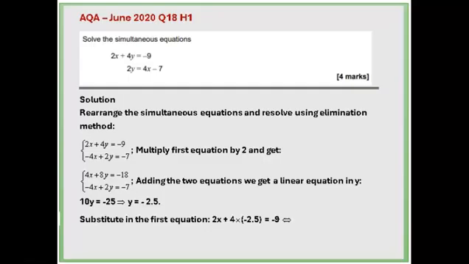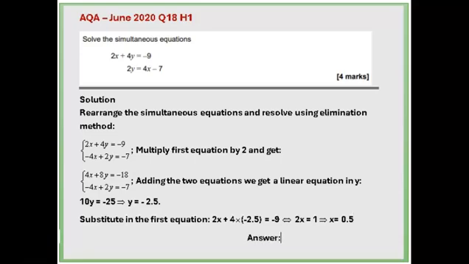And then you do the calculation there, and you get 2x equals 1. And then you have x equals 1 divided by 2, it's 0.5.